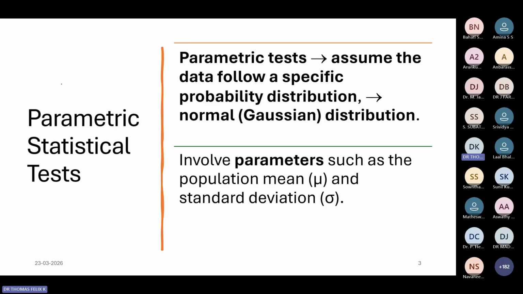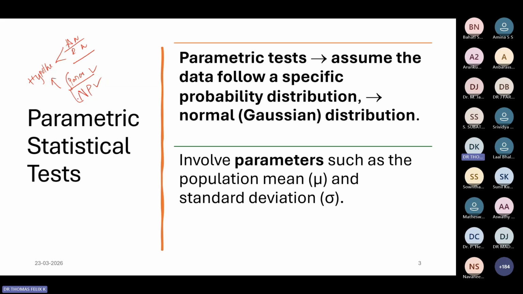Why do we use parametric or non-parametric tests? Mainly for testing the hypothesis, whether to accept or reject the null hypothesis. Both are used for that.